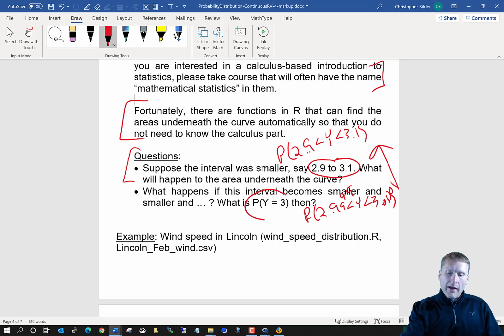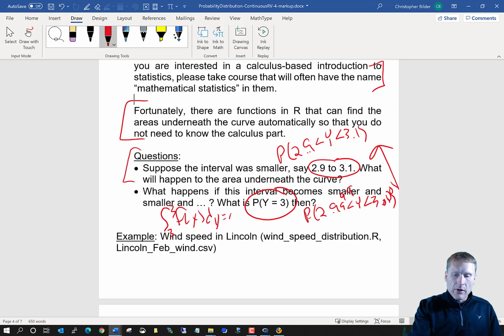That's why you cannot just find, for a continuous random variable, the probability y is equal to 3, in other words, the probability that your random variable is equal to one particular number. For those of you who've had a calculus class, you know that if I were to take that expression for f of y and integrate from 3 to 3 of f of y dy, of course, that would be 0. So it's more of a calculus explanation of this.